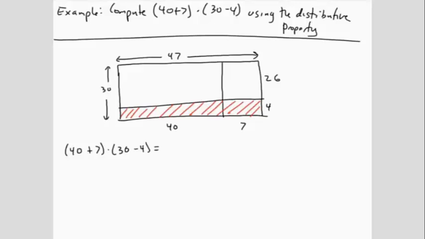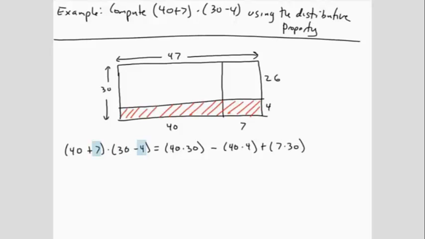40 plus 7 times 30 minus 4. The first in FOIL, 40 times 30, positive times positive, so it's a positive. Outer is 40 times 4 with one negative sign, so it's minus 40 times 4. The inner is 7 times 30, and both are positive, so plus 7 times 30.